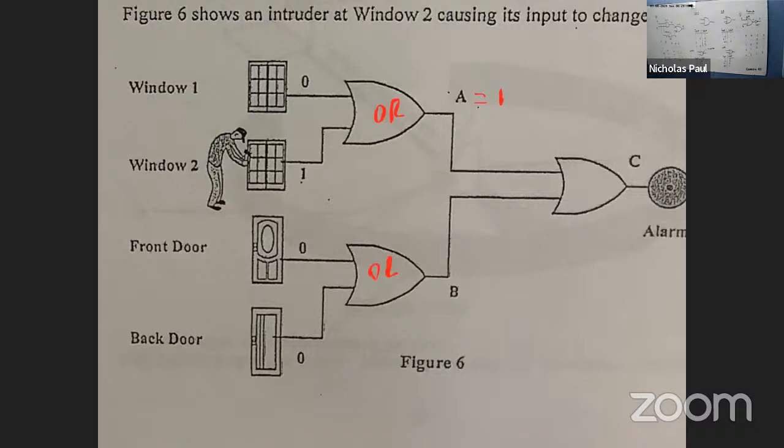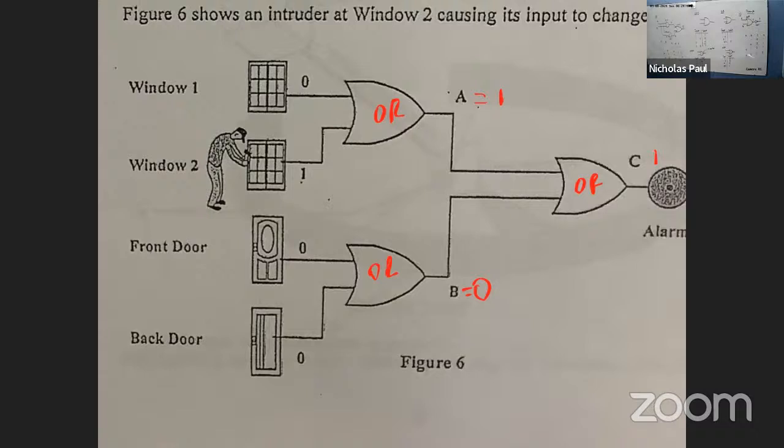What would B be equal to? And then what kind of gate do we have here for C? 1, 0 in an OR gate is 1. So will the alarm be on or off? It's 1, which is high, so it'll turn on. So if a burglar tries to open window 1, the alarm will go off.